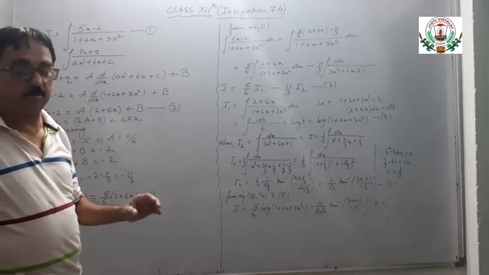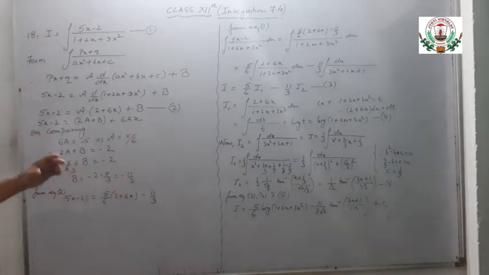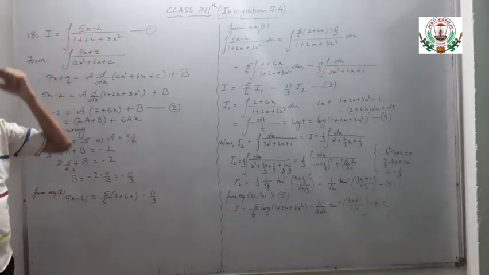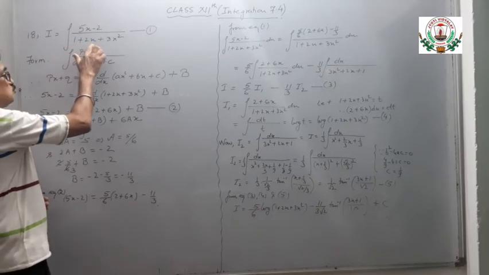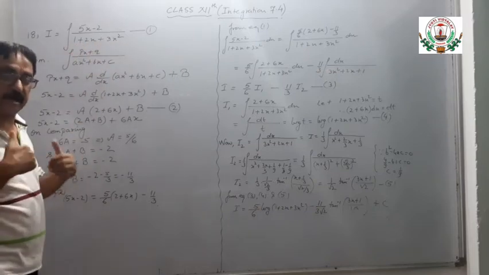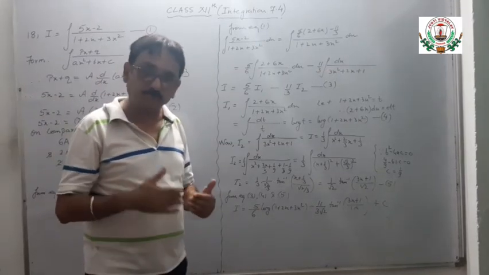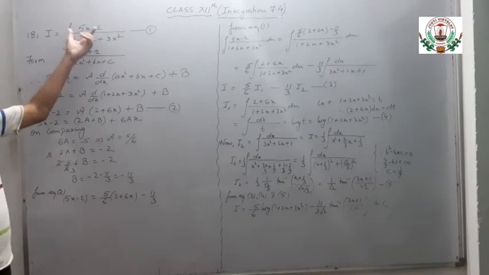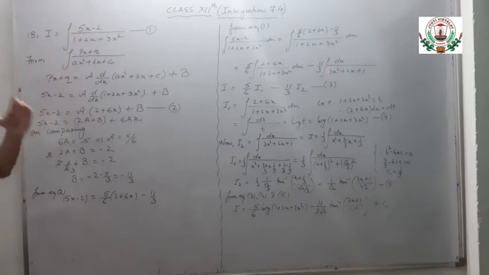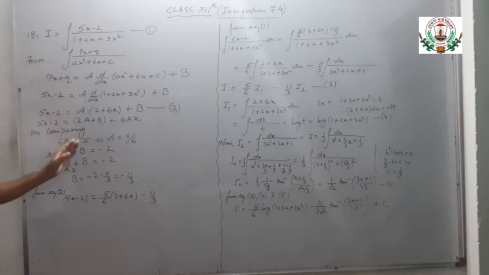Whenever we get the format of integration of a linear equation upon a quadratic equation, you first see that if we take 1 plus 2x plus 3x square equals to directly t, and after differentiation are we getting the numerator part? If we are not getting the numerator part, it means that you have to solve in this way. Listen now.